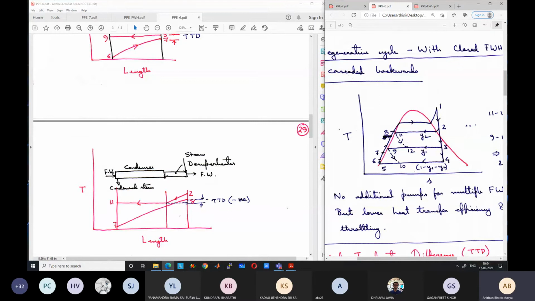Then from here to here, and the steam goes out at state 11. Liquid water comes in at state 7, and the temperature increases as the water flows through the heat exchanger, and it goes out at high temperature T8. So the heat exchange process is between 2 and 11 and between 7 and 8. Any questions?